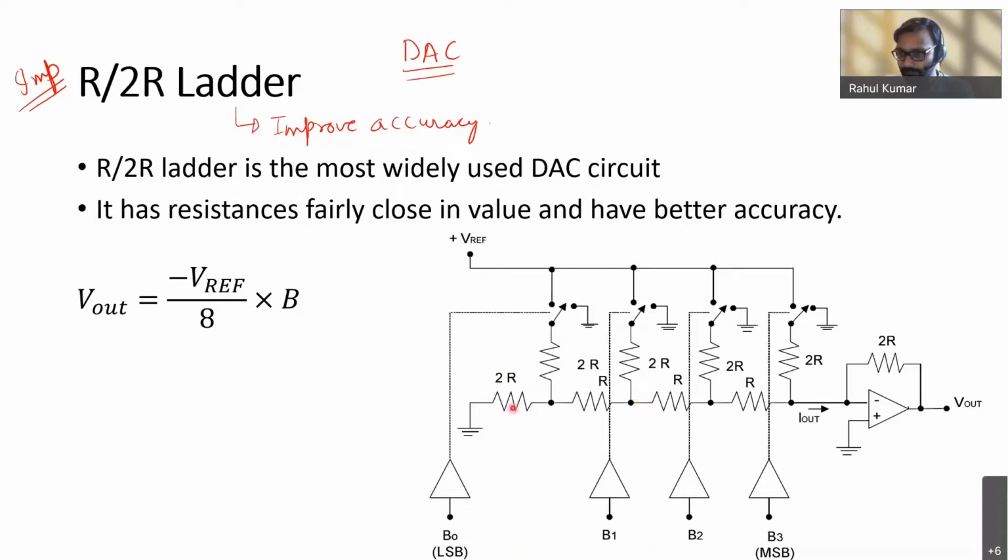Okay, so all these voltages will be added together, right? So you will get some current I out, which is flowing through this op-amp. Again, this is your operational amplifier. Now this operational amplifier will act as a current to voltage converter.